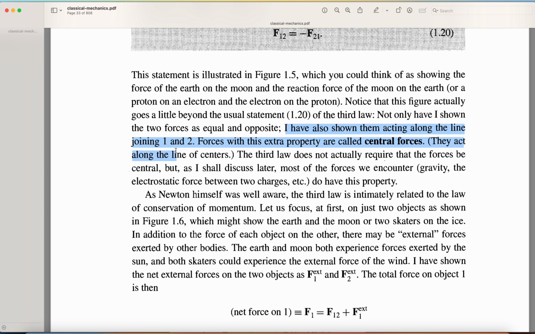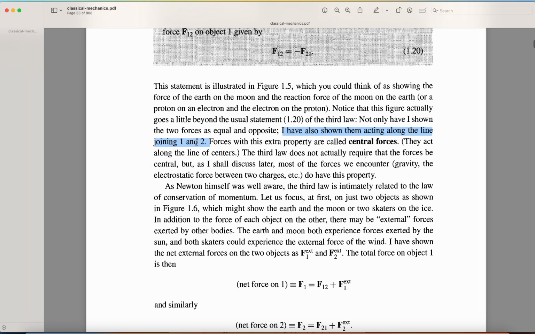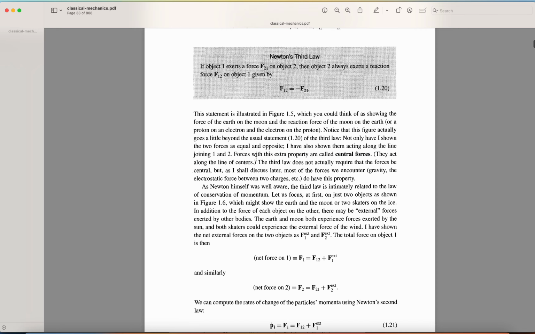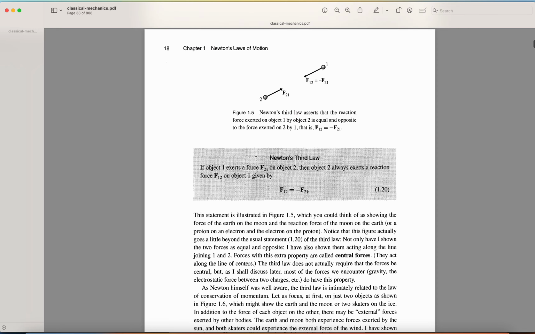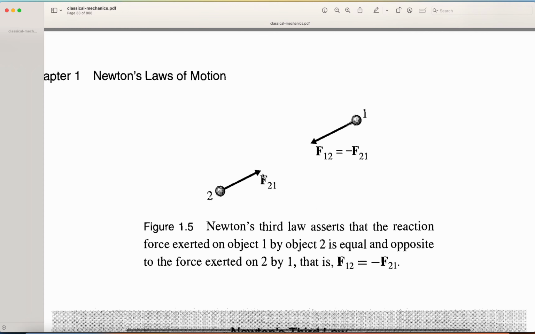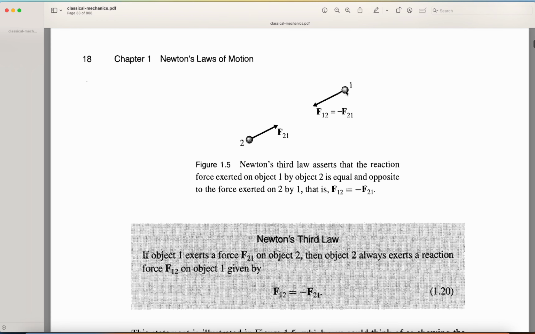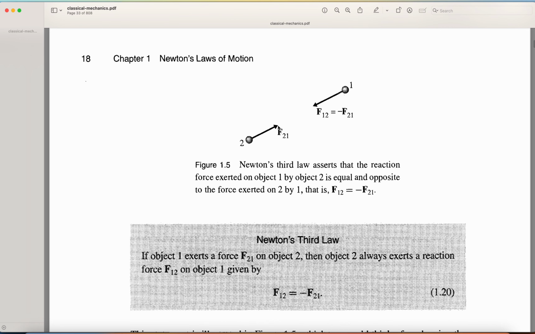There's a force acting along the line joining one and two, the central line. Another thing is that the forces exerted by these two objects reach directly out from the center of these objects.